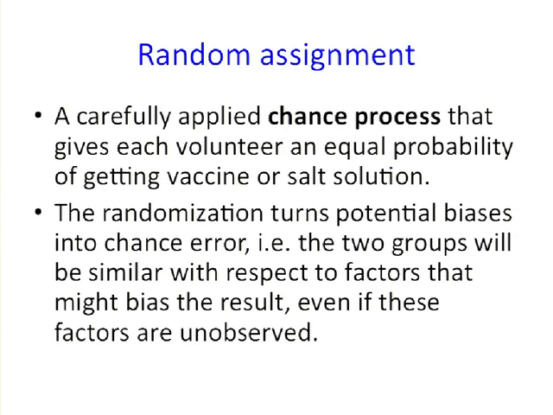So the idea is that this random assignment is going to mix the children up well enough such that those who are getting the vaccine and those who do not, if we look at all different types of characteristics that we're concerned about in terms of the rate at which they might contract polio, will be roughly the same.